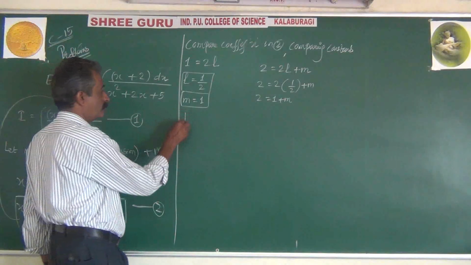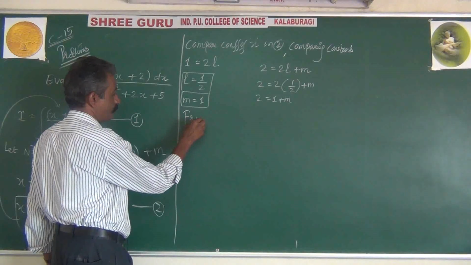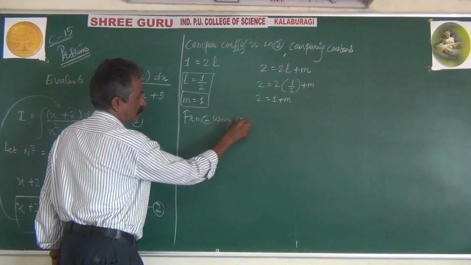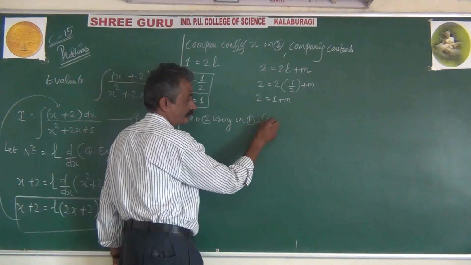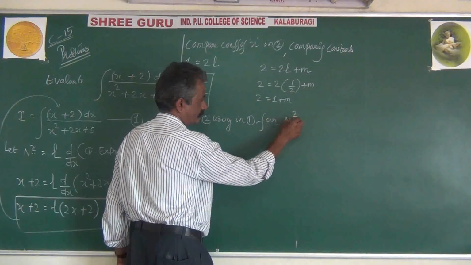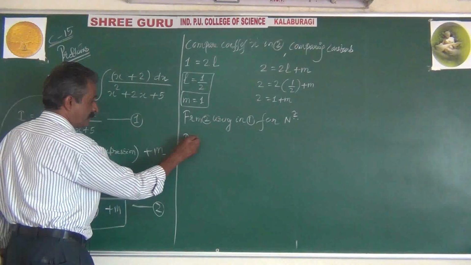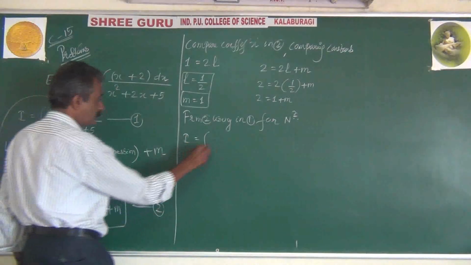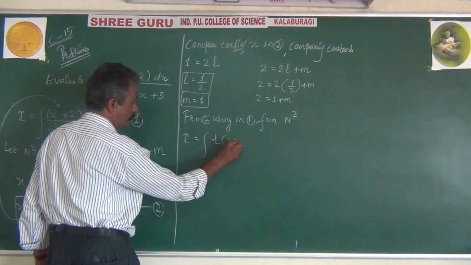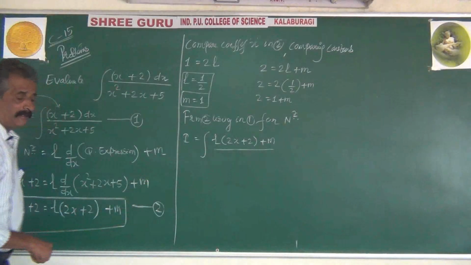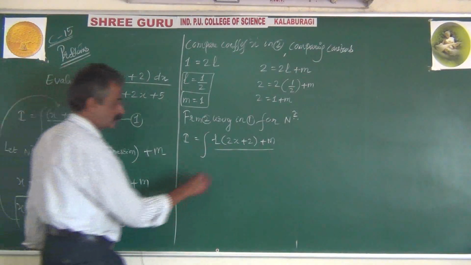Now writing from 2 using in 1 for the numerator, I becomes integration of l into 2x plus 2 plus m divided by x square plus 2x plus 5.